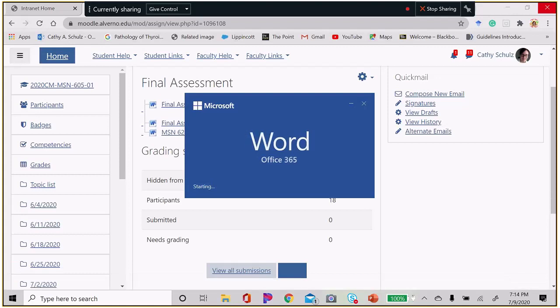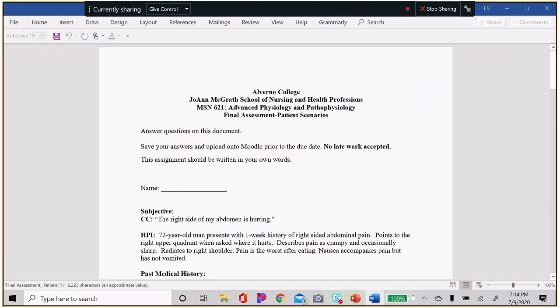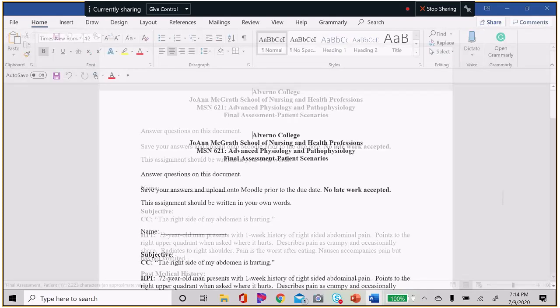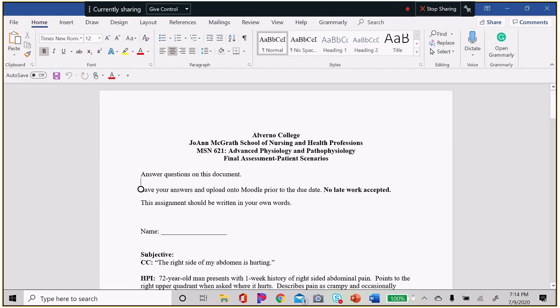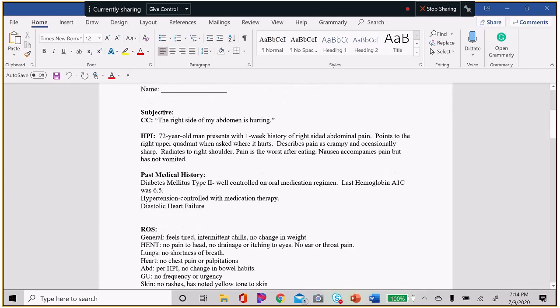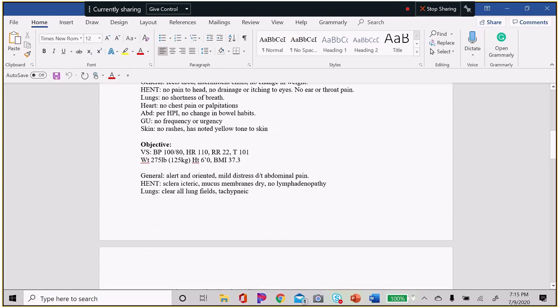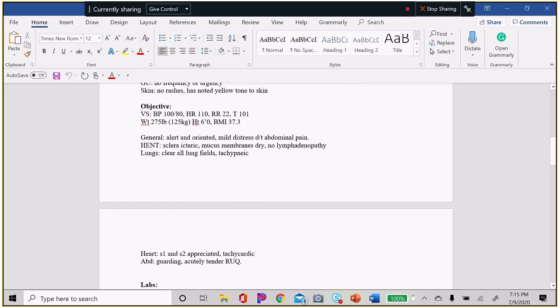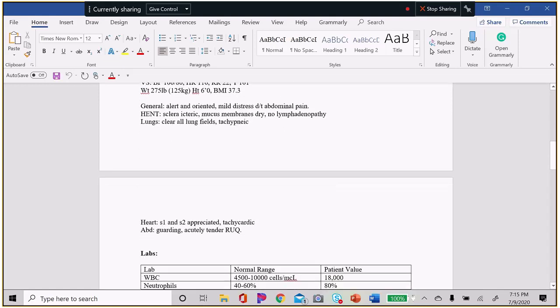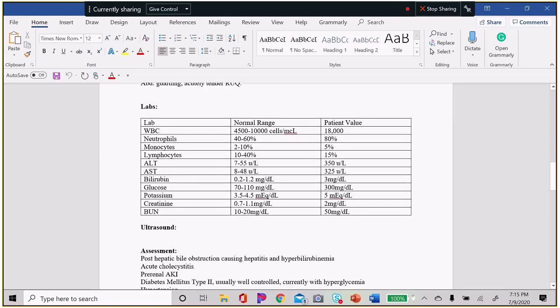This document has the patient information. So it's a bigger, longer case study than what we've had. So there's this patient, they have this health history, they're coming in describing some symptoms they have. The provider is going to be doing a physical exam, and they have received some lab values.